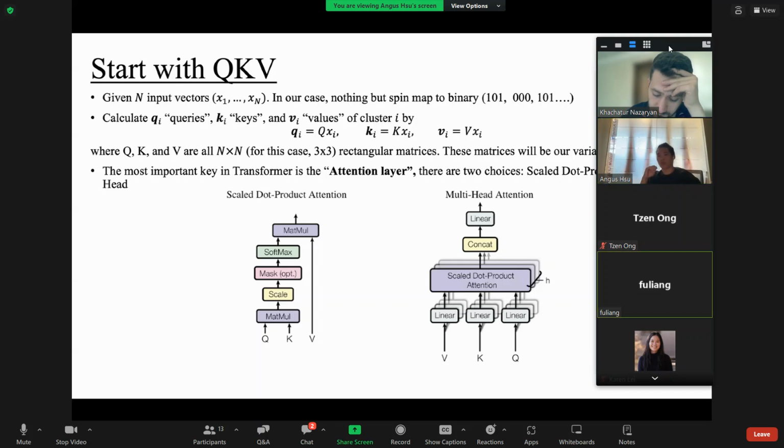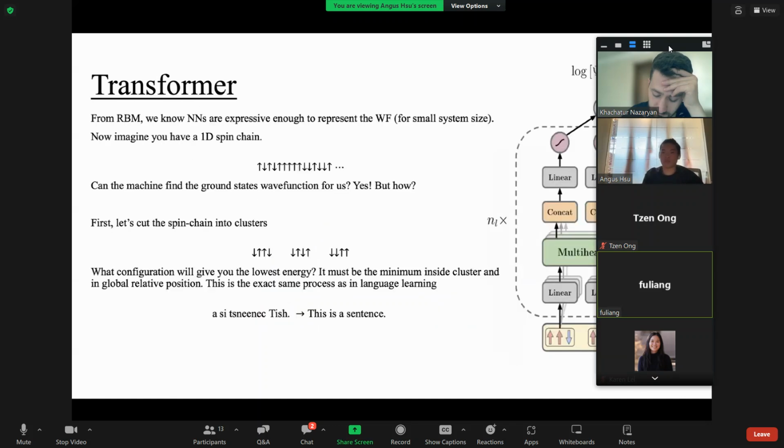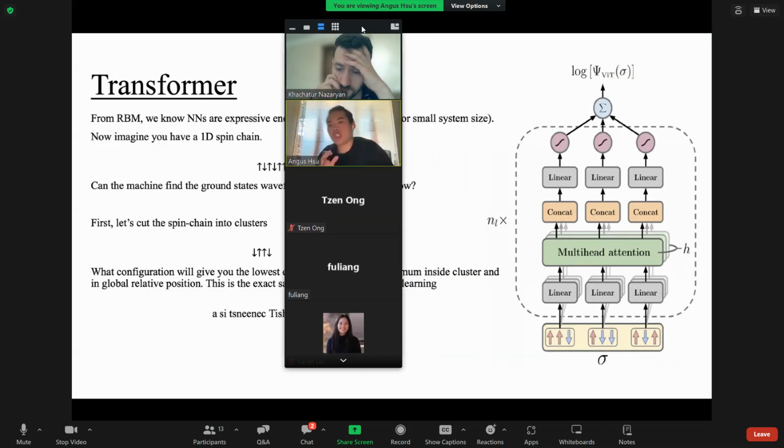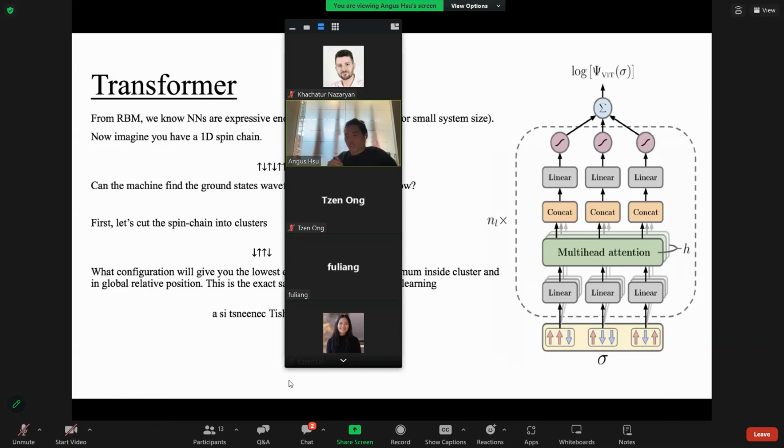Can I look at the transformer structure again? Could you explain the figure here? Imagine the RBM: we have a spin configuration as an input, plus a bias, and then we feed it into a linear neural network, or what we call the hidden layer.